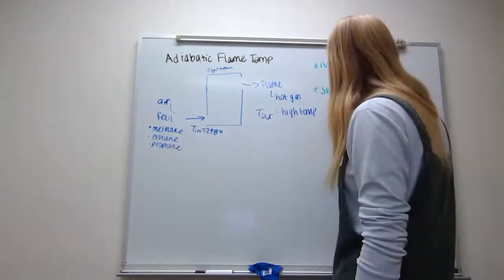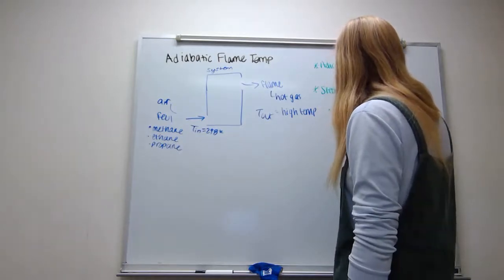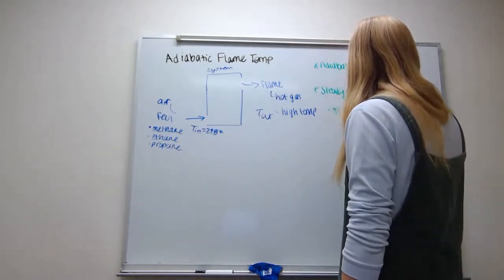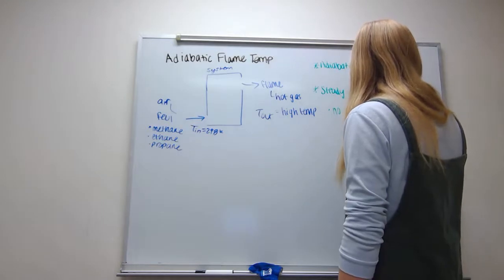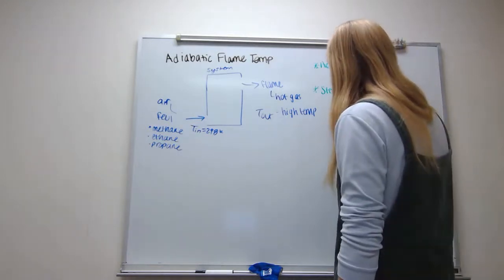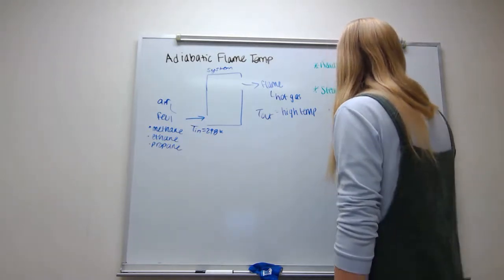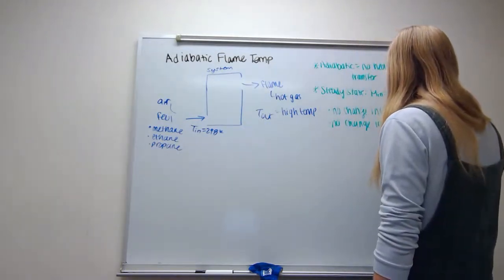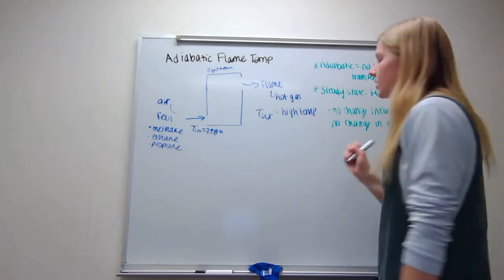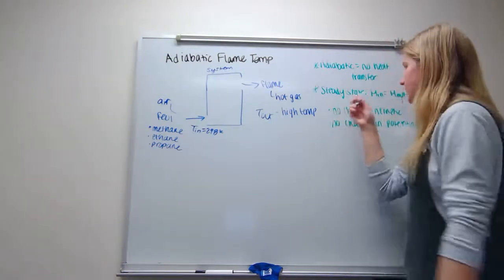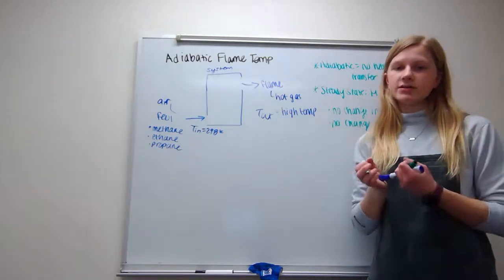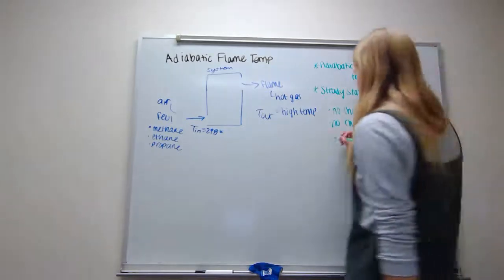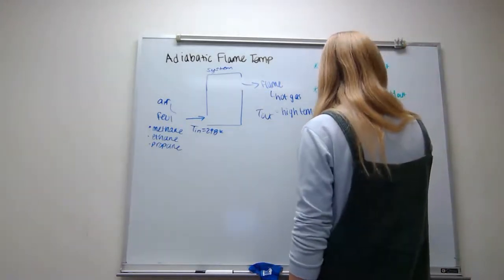So we have no change in kinetic, no change in potential, and we also have no change in mass because it is steady state. And we don't have to do our dt. There's no change over time.